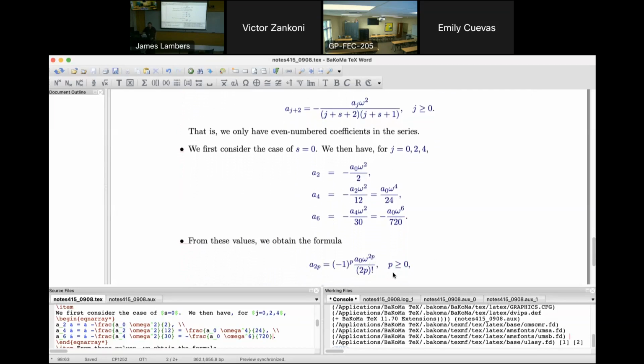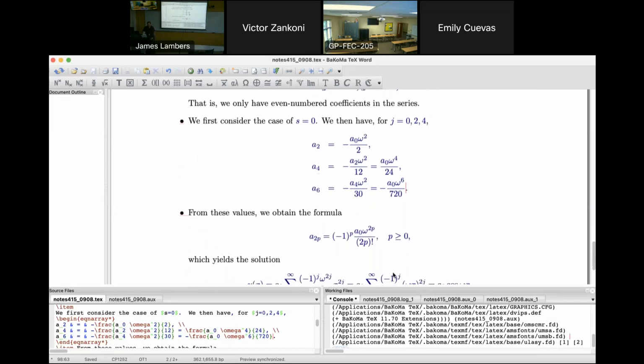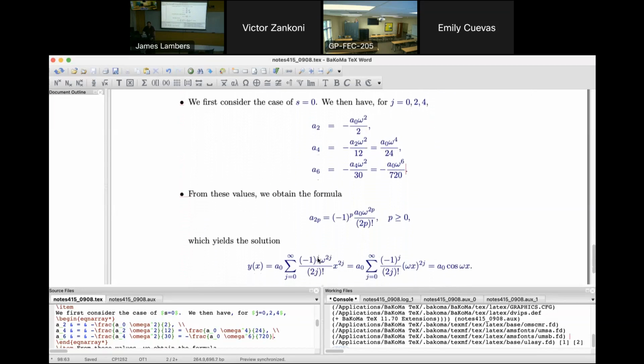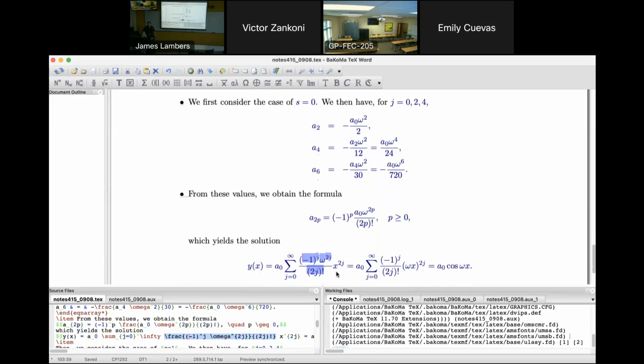So now what we can do is, here's our power series. A0 we just factor out. Here's our formula: for the p we have j, a2j, x to the 2j. And remember, before we had x to the j plus s, but we're only considering even j, so that's why it's 2j. And s has been chosen to be 0 in this case.